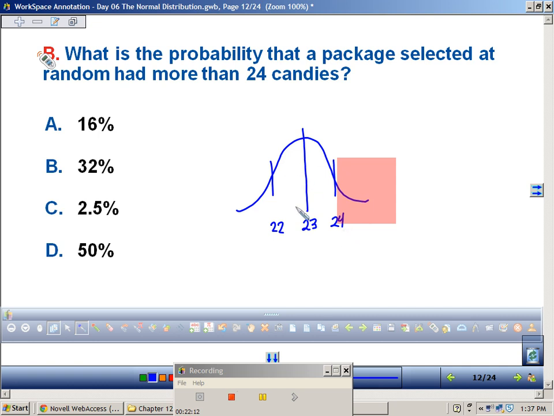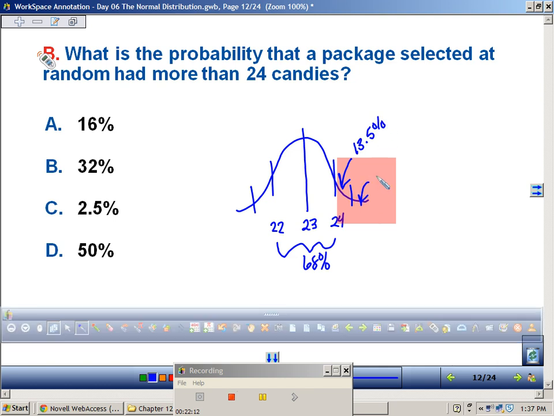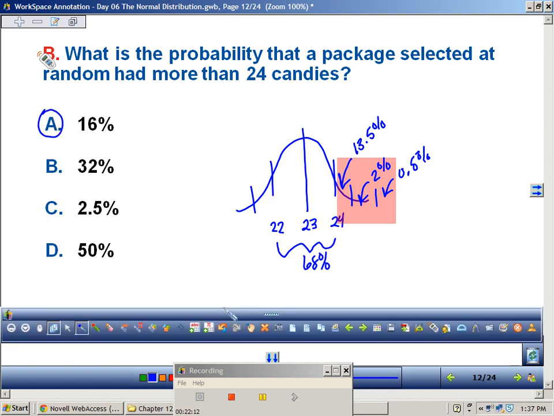How do I know? Because if this is 68, guys, I have a question. If this is 68, how much percentage is right here? 13.5. And how much is this percentage here? 2. And how much percentage is this one here? 0.5. Add them all together? 16.